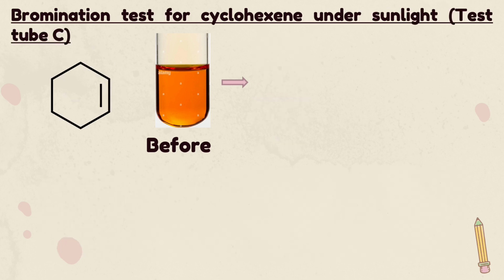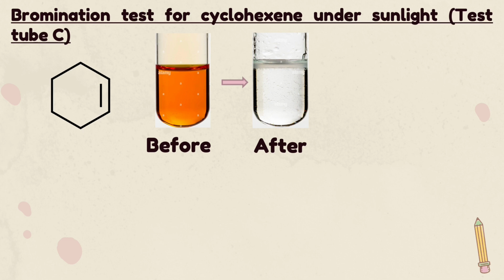Now, let's try with cyclohexene. For cyclohexene, we need to remember the theory from earlier. It doesn't matter whether you expose it to sunlight or cap it in the dark, if you treat it with bromine there will be a reaction. It doesn't care what the condition is. So what we expect is that the color of the bromine liquid will change to colorless.